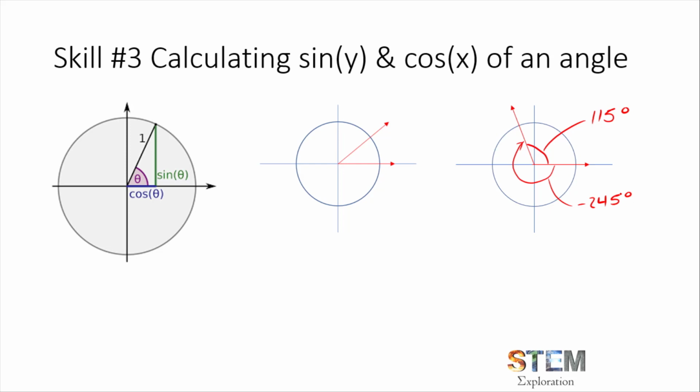And what I want to point out is if we want to calculate the sine and cosine of an angle, we're going to assume that the radius of the circle is equal to 1. So the distance from the origin to the circle is equal to 1. And the sine and cosine tell you what the y and x value is for a particular point on a circle.